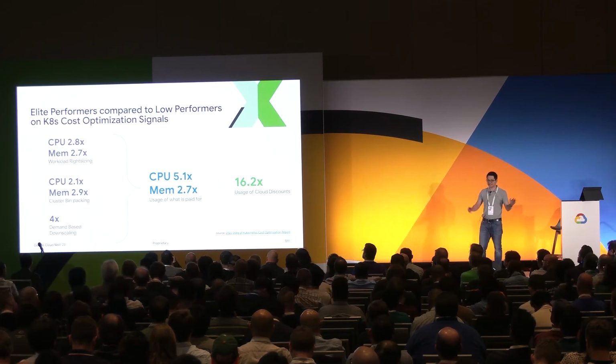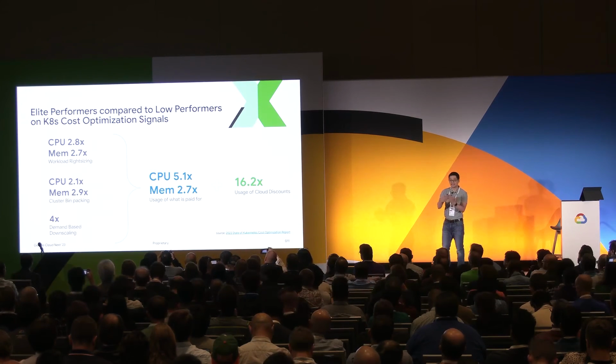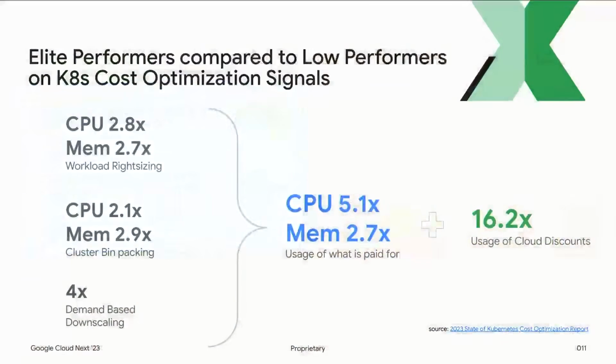It's very interesting what we see. I can read numbers, but in reality, for elite performers over low performers, they get more value, they get more for what they pay for. And they heavily utilize discounts because they're aware of what's happening. When I said they, these are clusters. We don't have any groupings of these segments or anything. These are just clusters that seem to exhibit these behaviors.